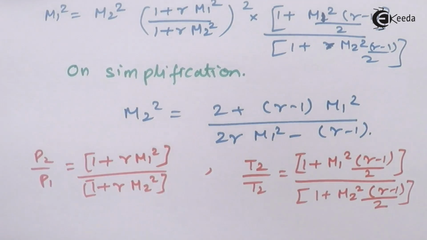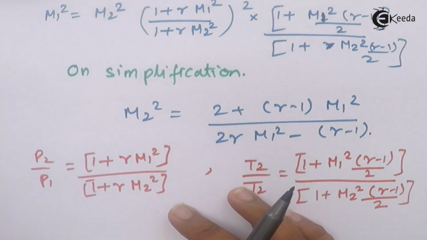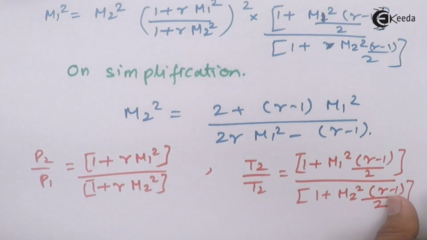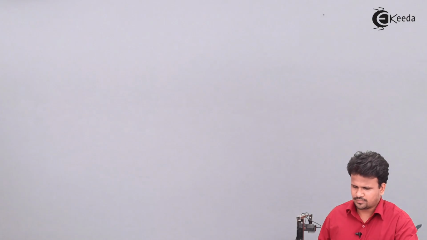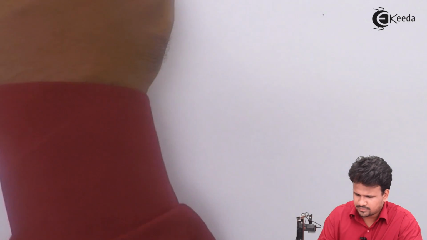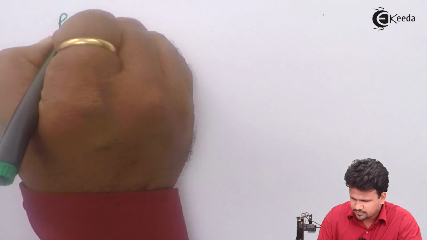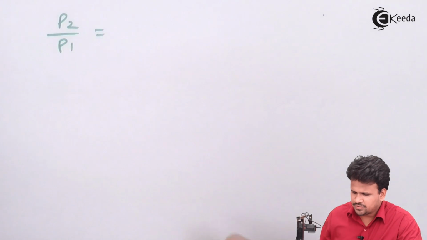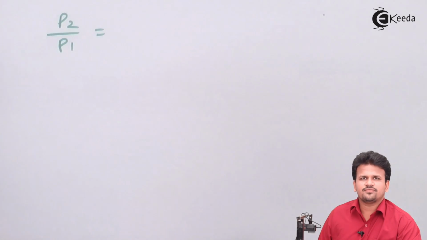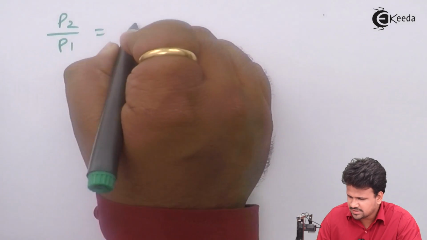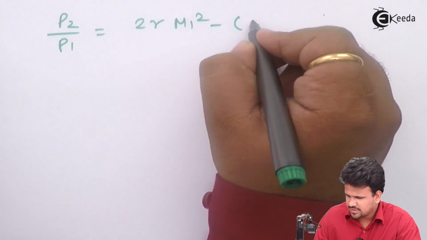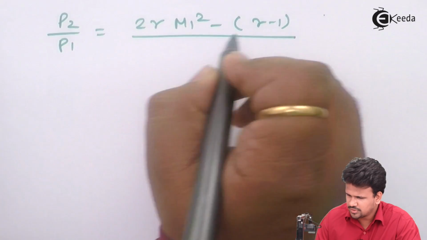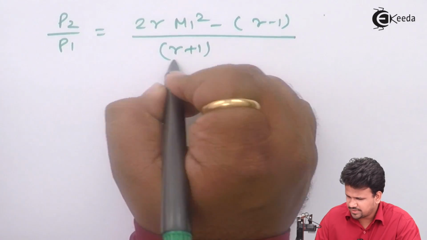So now on simplification of this part we'll get P2 by P1 in just terms of M1, that will be given as (2 gamma M1 square minus (gamma minus 1)) the whole upon gamma plus 1.